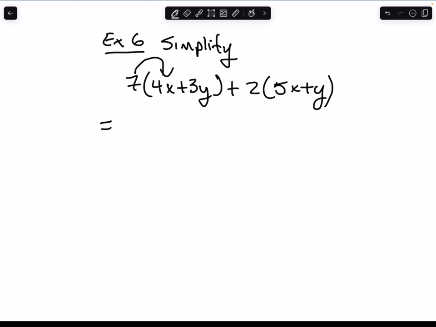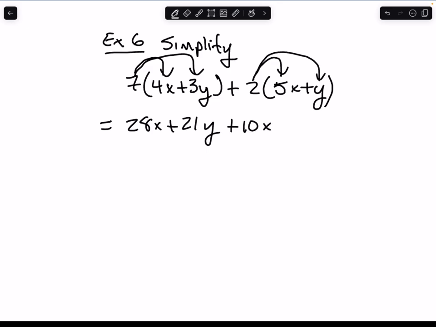We get 7 times 4x, so 28x. 7 times 3y, which is plus 21y. And then we move to the second term, and we take the 2 and distribute to the 5x, so that's 10x, and 2 times y, which is plus 2y.